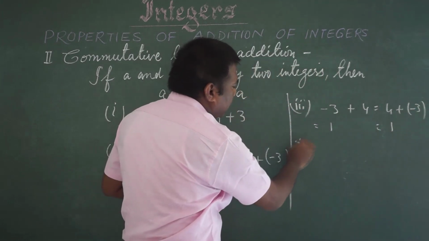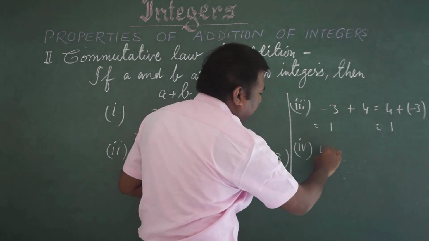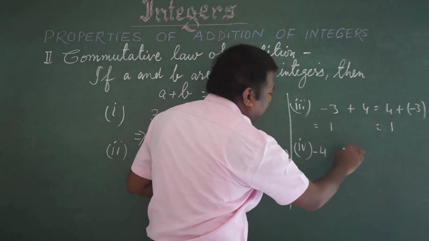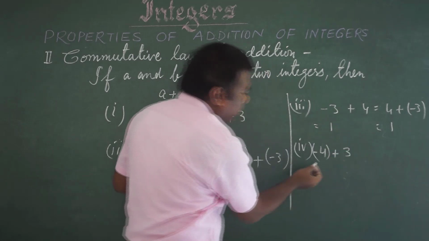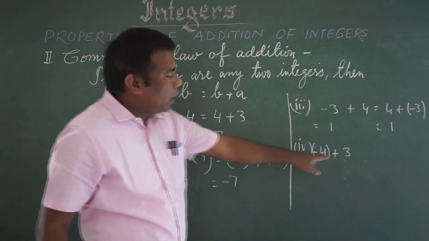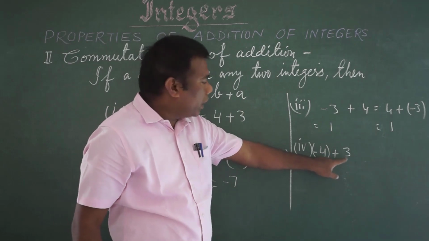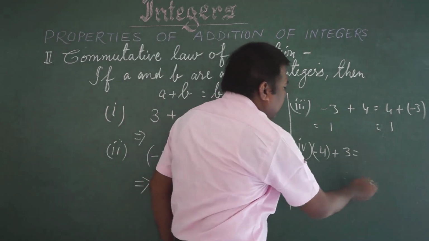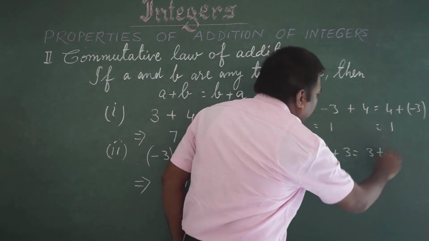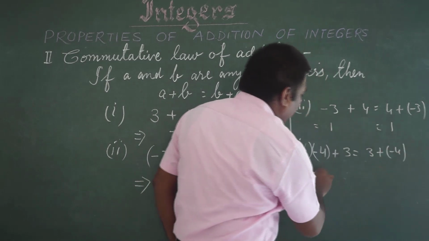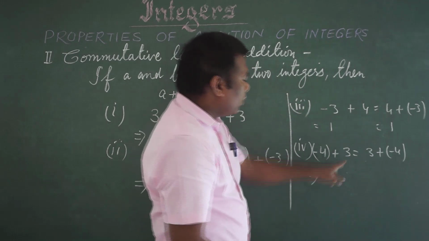Another example you see. Suppose the first number you have is negative and the second number is positive, and you are adding these numbers. So in place of a you have minus 4, in place of b you have 3. If you are adding this, you can write it as b plus a. It means 3 plus minus 4. You see what comes?